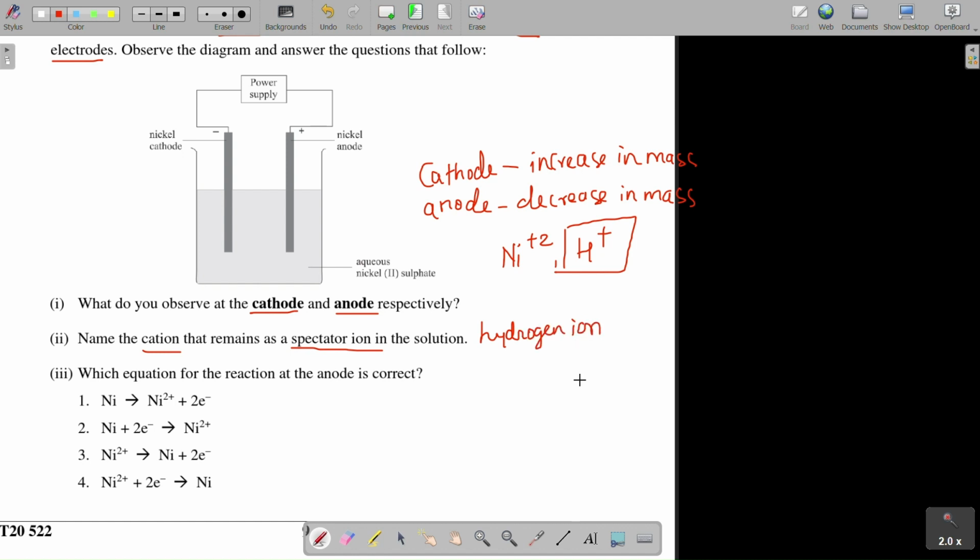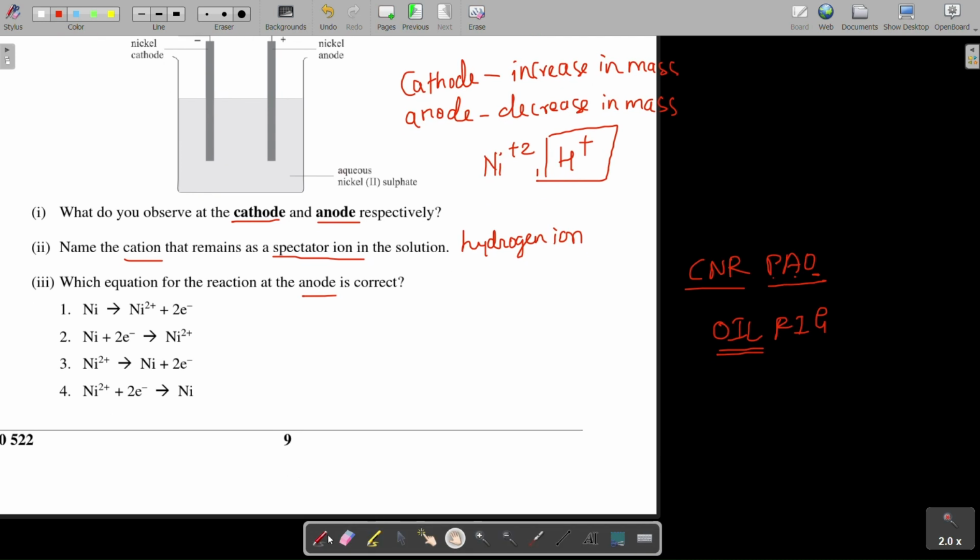Hydrogen ion. Which equation for the reaction at the anode is correct? Remember CNR POW, previously I told you. Anode means oxidation. Positive anode, oxidation. Oxidation means what? OIL RIG. Oxidation is loss of electrons. So here the anode is nickel, so nickel should lose electrons.